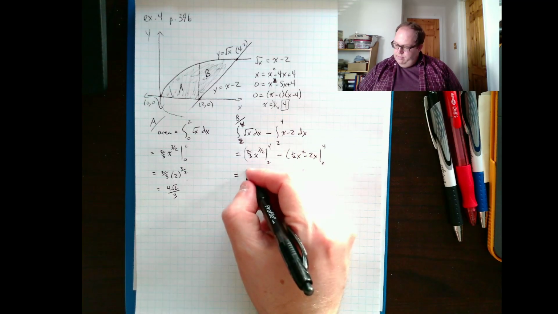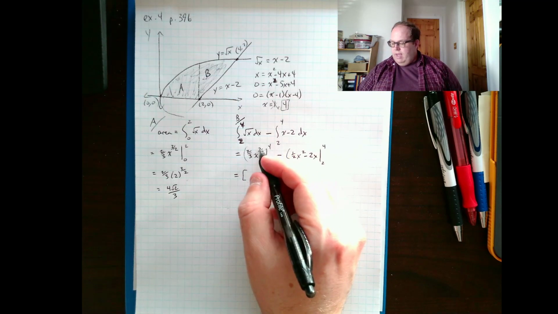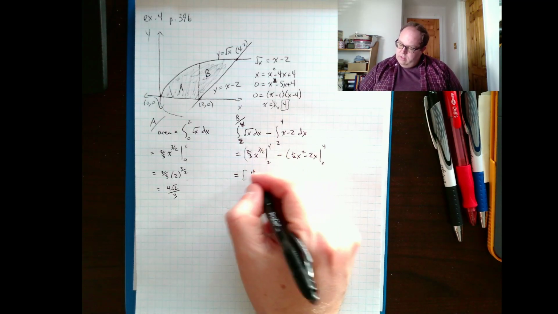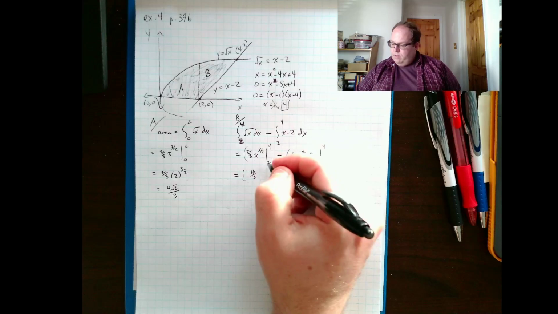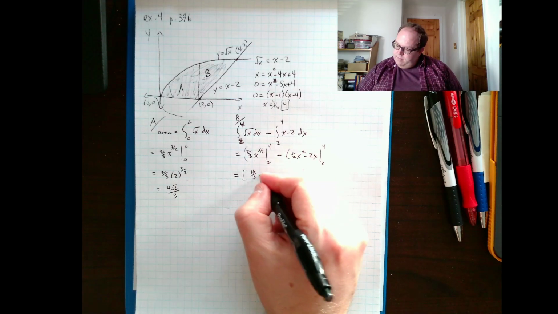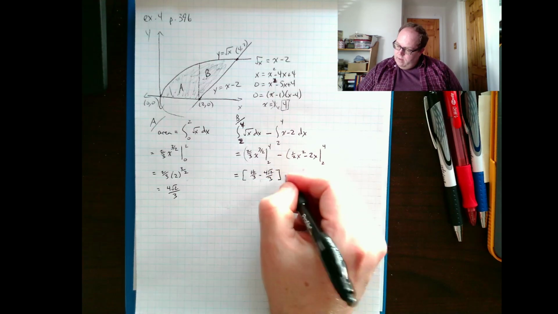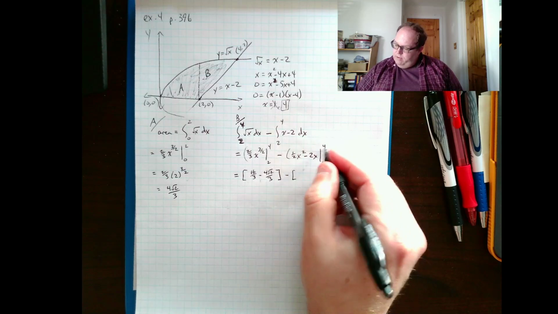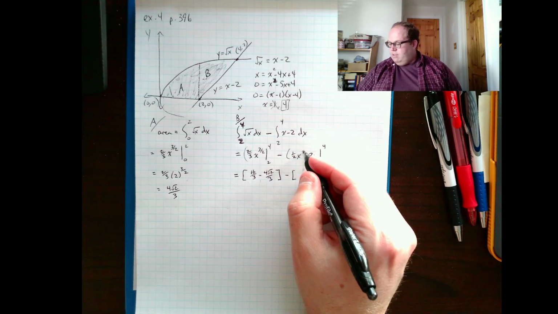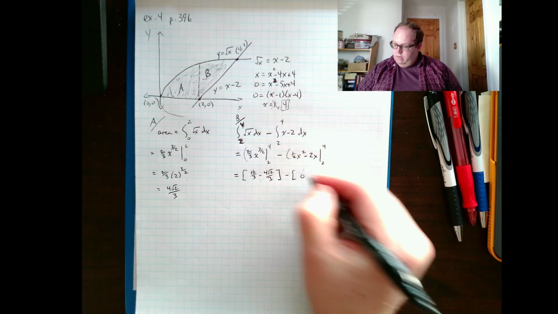Working that through, I put 4 in. Square root of 4 is 2, cubed is 8, times 2 would be 16 over 3. And when I put 2 in, I'm going to get that 4 root 2 over 3 again. Minus 4 root 2 over 3. Minus, if I put a 4 in here, 4 squared is 16, times half is 8. 8 minus 8 is 0.